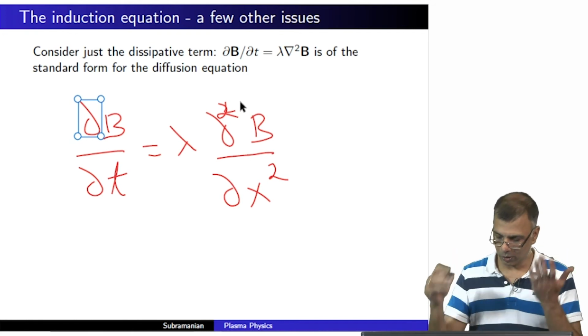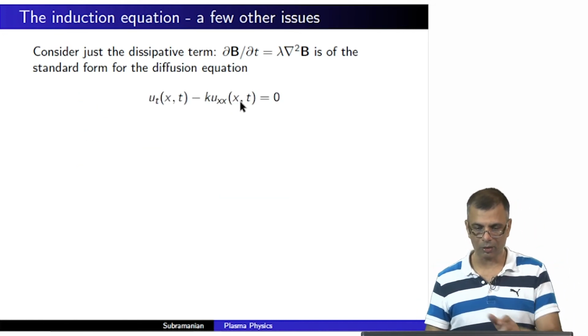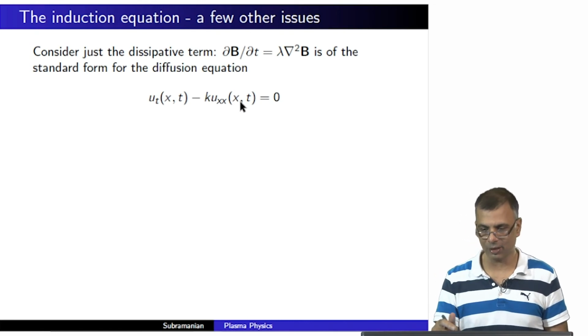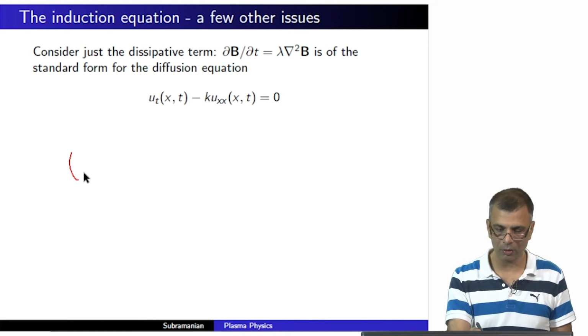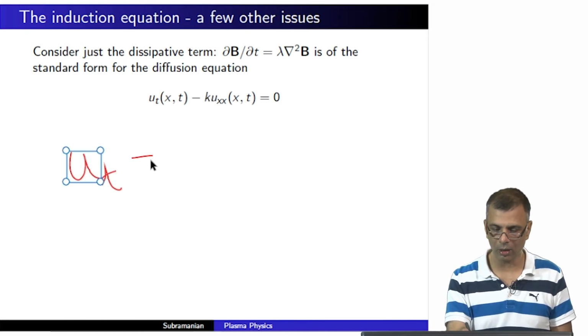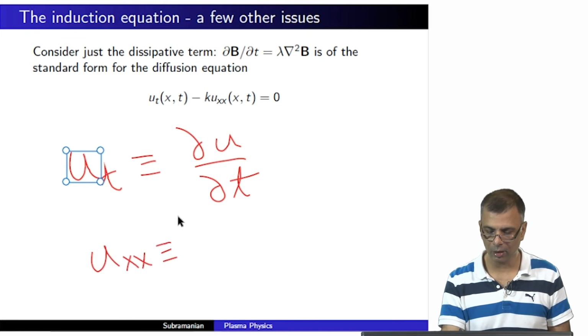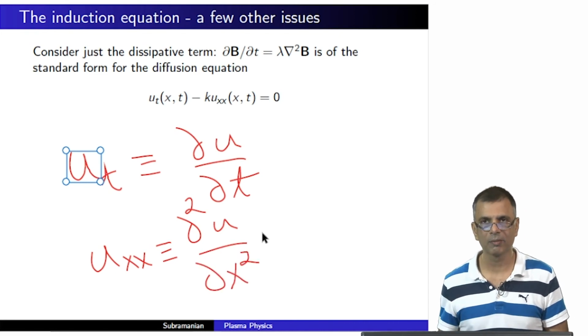And the solution to a diffusion equation is well known. Writing u t for du dt, and u x x for d square u dx square, that is a notation.